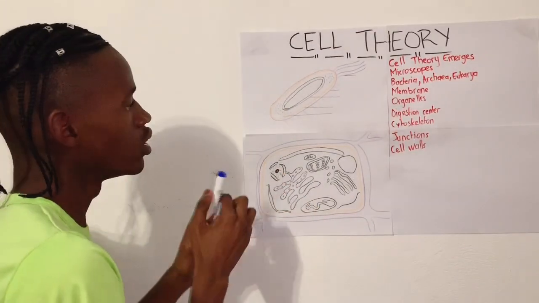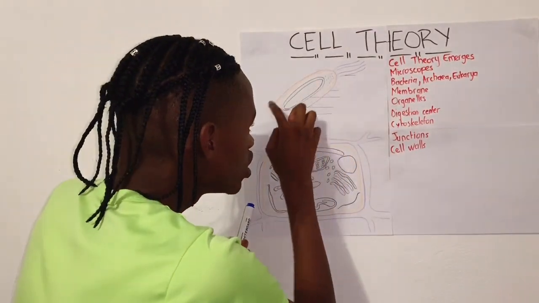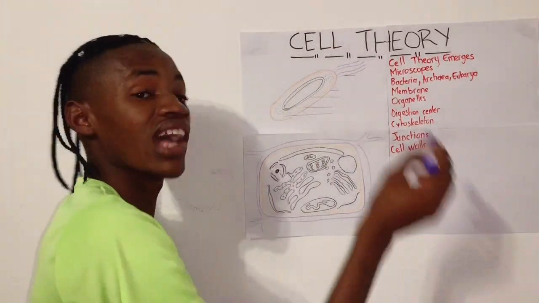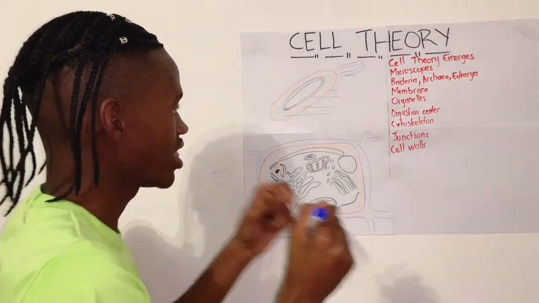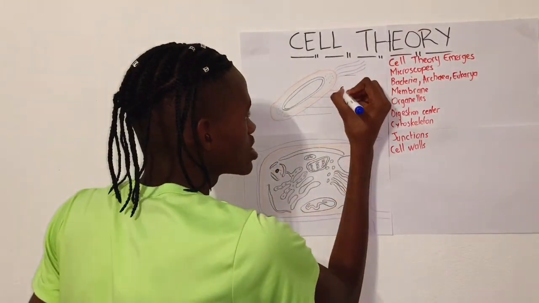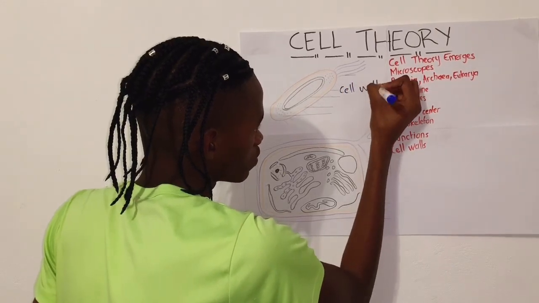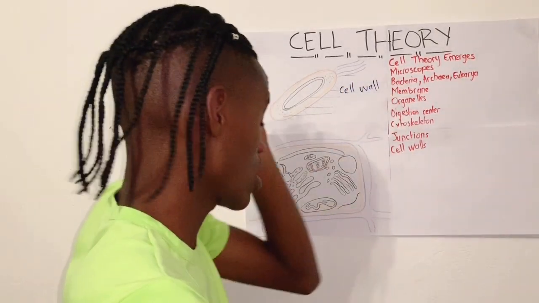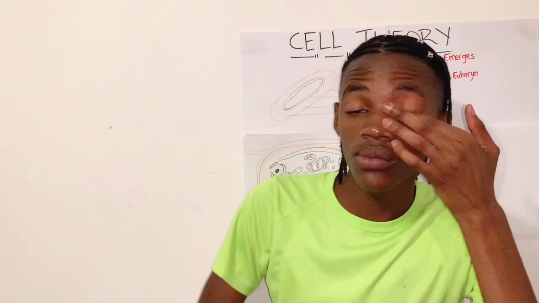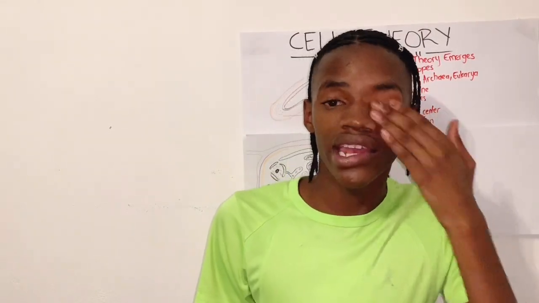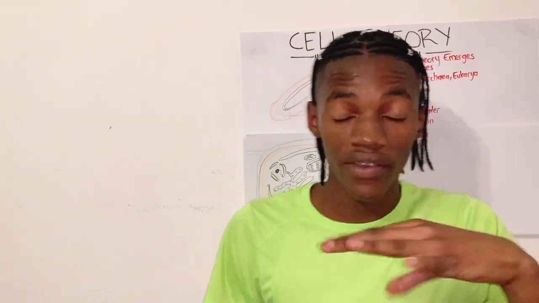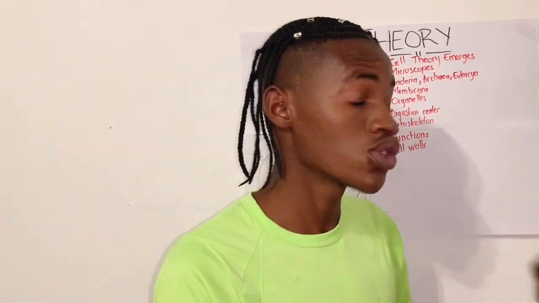So from here we can see that the purple layer is the outermost layer, and that is what we call our cell wall. The cell wall is the outermost layer that protects the cell, and it prevents the cell from bursting if it absorbs too much water.